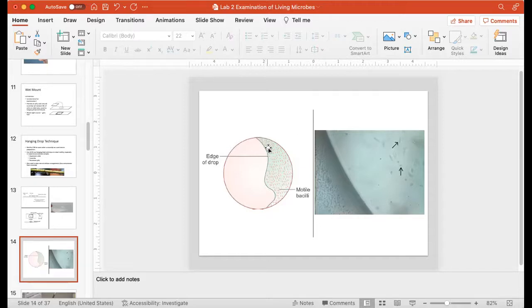Most of the cells are going to accumulate right near the edge of that drop, and if they're swimming around, you're going to be able to tell. All of these gray dots that you're seeing are bacterial cells, and again, they're going to be drawn to the twisting, turning edge of that drop.